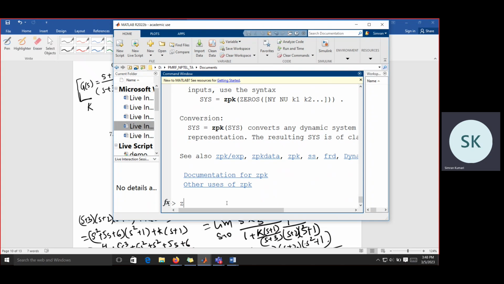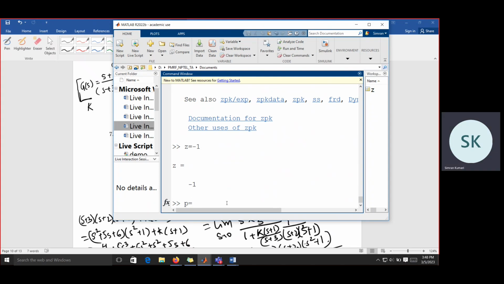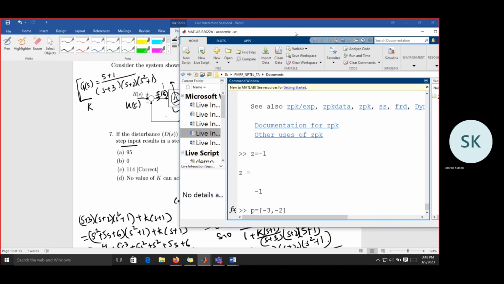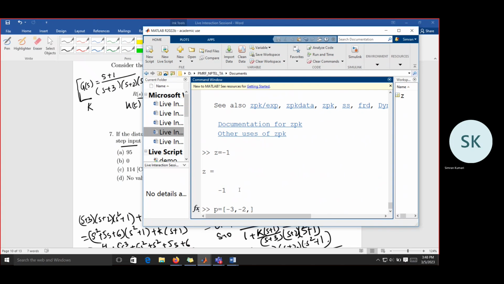So we have z equal to minus 1, p equal to minus 3, minus 2, then i, minus i. Here i denotes the imaginary number; this is the notation in MATLAB, so we can use i or j.